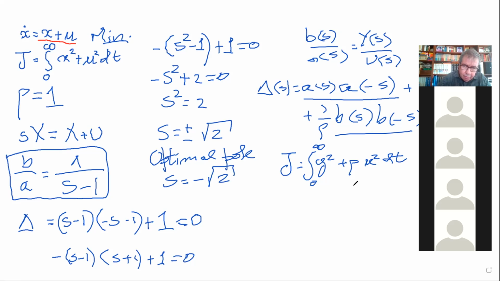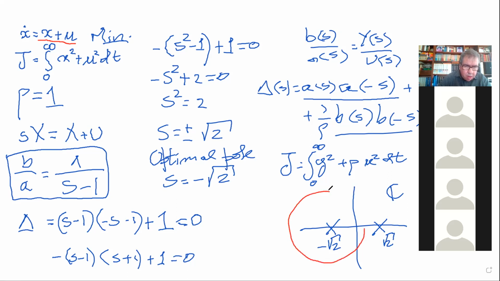Okay, so you have the s-plane. You have one root here, and you have a negative one, and this is the optimal one. Okay? But now I want to have a controller.